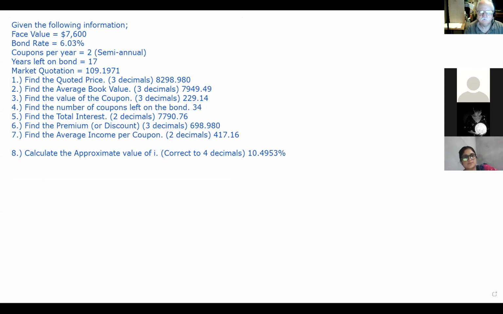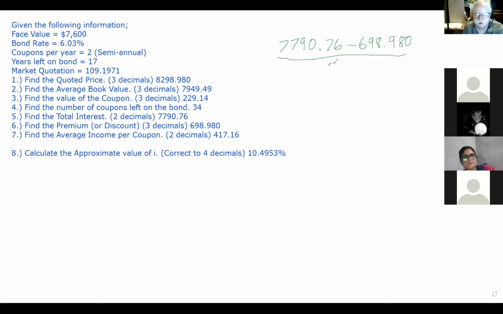Average income per coupon: it says find the total interest, which is number 5, which you've calculated here as 7790.76, minus the premium, which you've calculated as 698.98, divided by the number of coupons, which you've decided was 34.